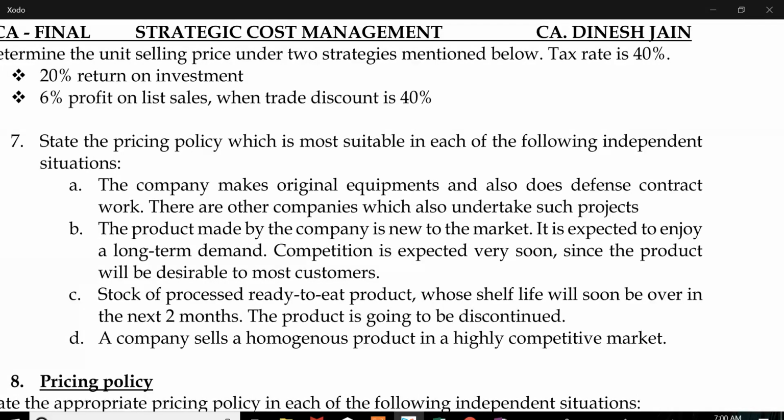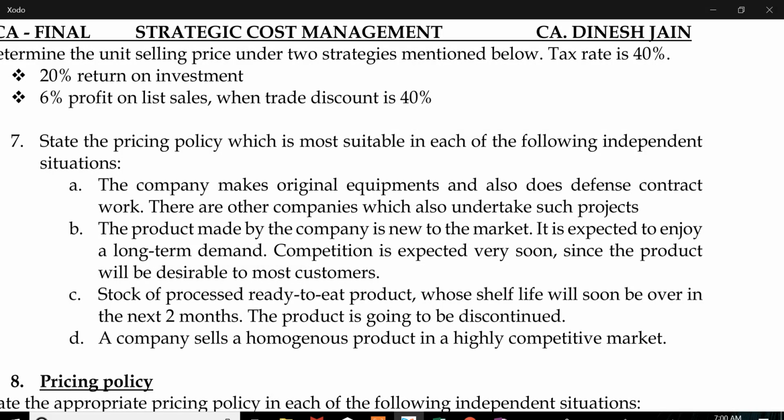Based on relevant cost. Okay, technically it is any price which the customer can pay even if it is lower than marginal cost. Even if it's lower than variable cost. Relevant cost per se is zero only. If the product is already purchased, the relevant cost is mostly zero. So any price which the customer can pay, even if it is lower than marginal cost.